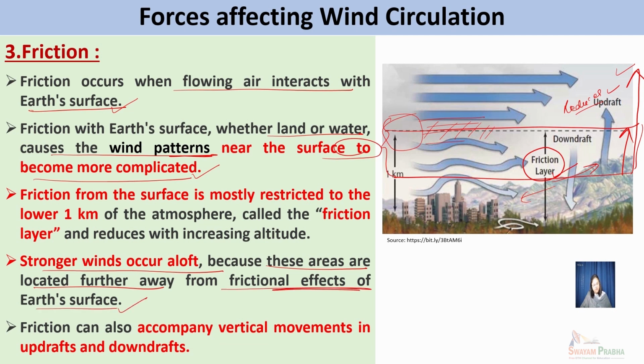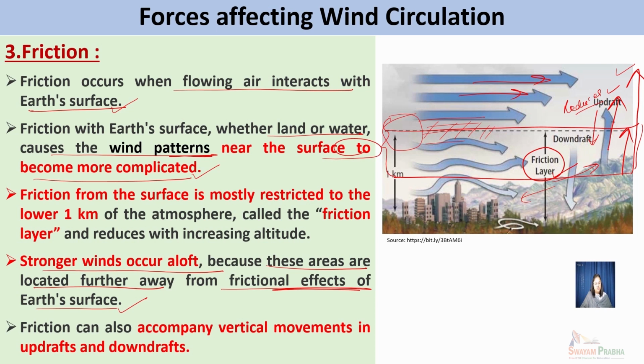But even in the upper atmosphere, sometimes because of factors like sudden updraft or downdraft of air, because of differences in the movement of air, different pace and different direction, the friction can also accompany the vertical air movement with the updraft or downdraft.